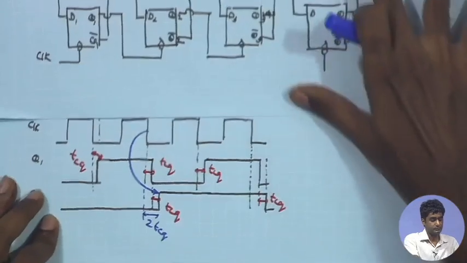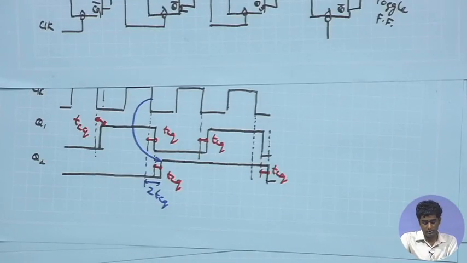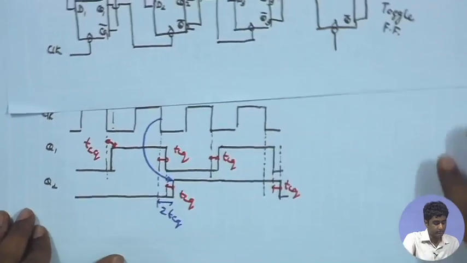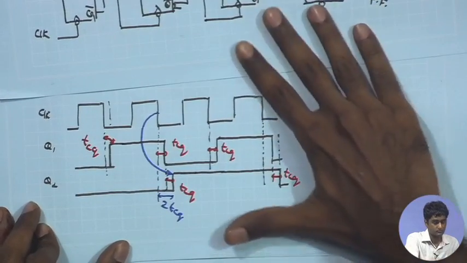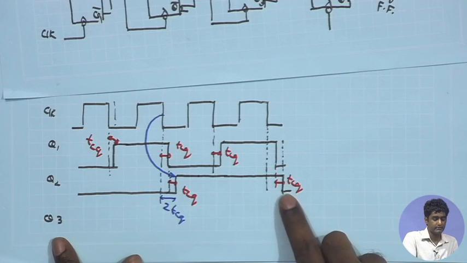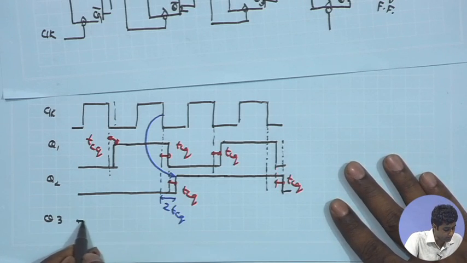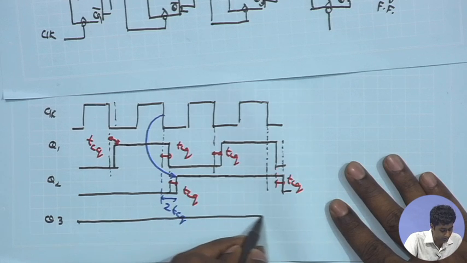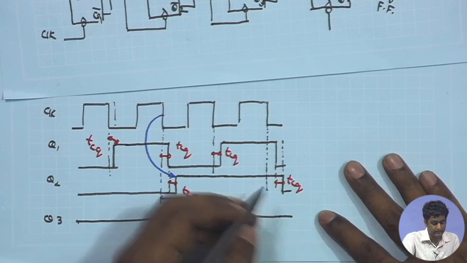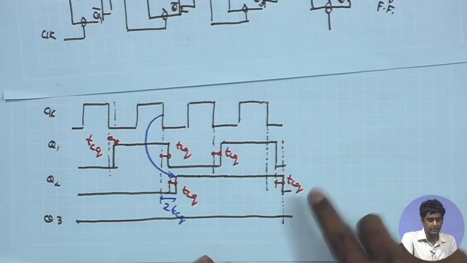Likewise, if I look for Q3's waveform, it is supposed to make transition at the negative going edge of Q2. So, once again we will start from here and stretch all the way, and it is going to make transition at the negative edge of the Q2, but after another T C Q delay.